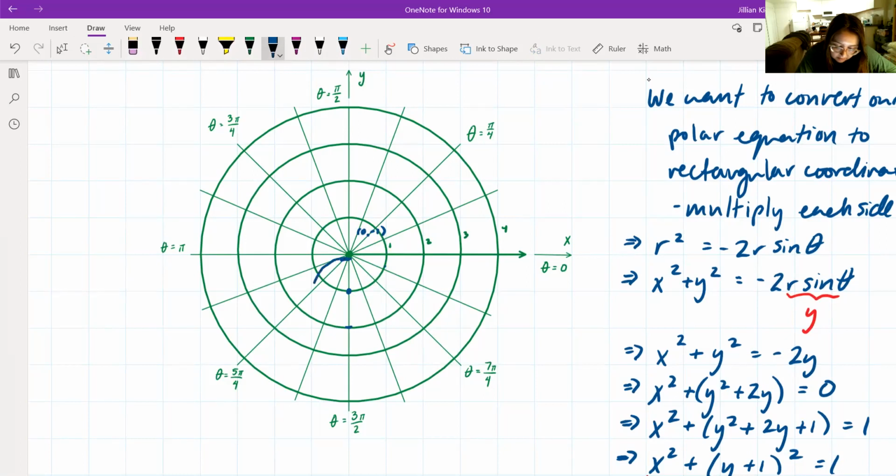So drawing out our circle as best as we can, which is not all that great in my case, but you want to draw out your circle there. There we go.